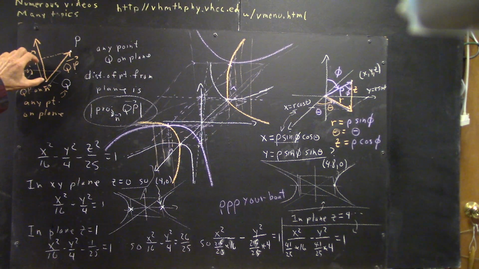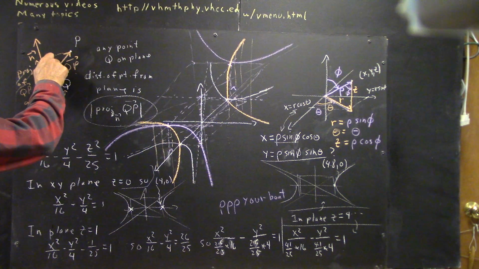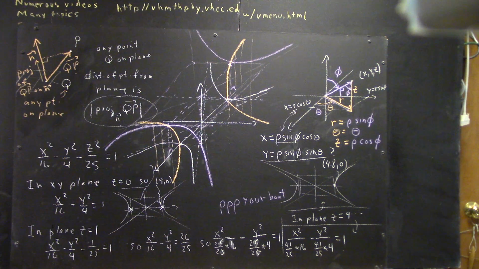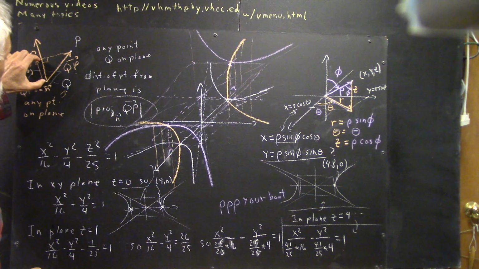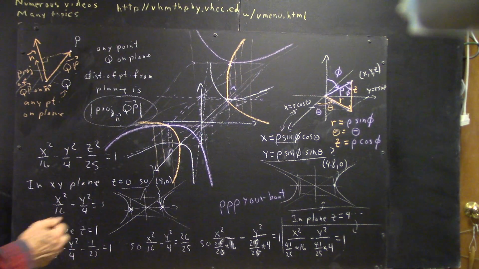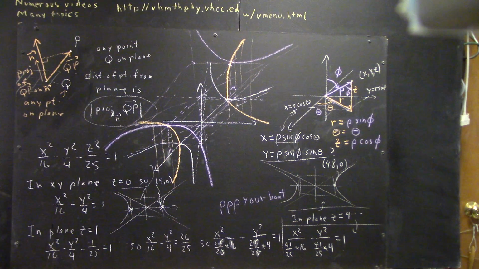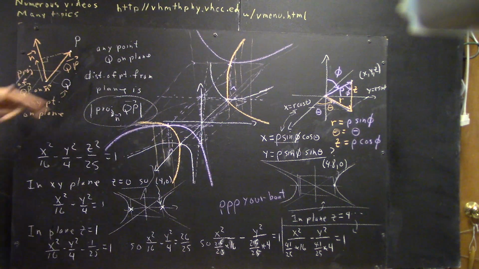Okay, so now we have a projection of the vector from here to here. We have the projection of P onto this. Now this projection makes a right angle, so that if we took a vector from here to here and dropped it from P down to the plane, the end of the vector would be on the plane, and we would have a vector whose length is equal to the distance from the point P to the plane.